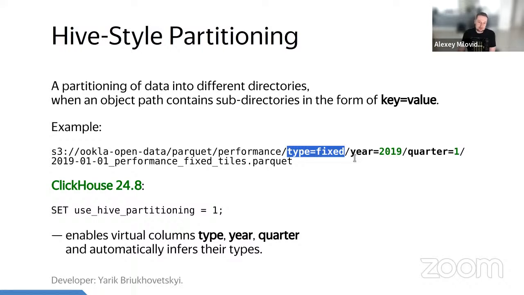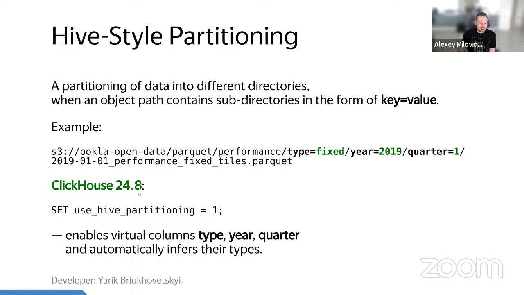And you can have multiple such subdirectories for partitioning by different columns. In this example, you can see that we have data on S3 in a certain bucket, and it is partitioned by the type column, year column, and quarter column. And the values can be specified directly in the directory structure.